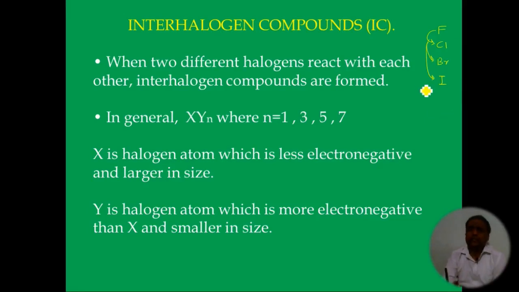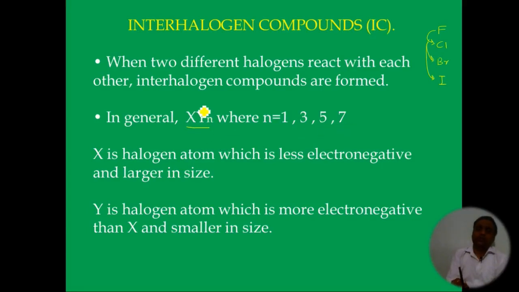And thus for these interhalogen compounds we have a general formula. In general we can say XYn is the general formula of interhalogen compounds, wherein n is 1, 3, 5 or 7.